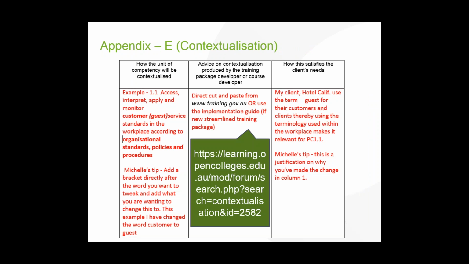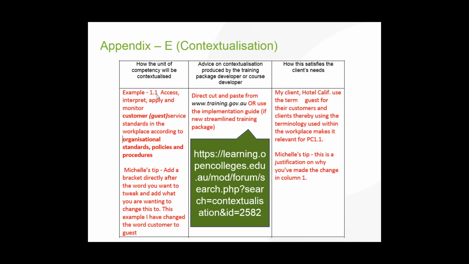Again, you need to select one unit of competency, which you have already selected for Appendix E, unpacking a unit of competency. It's a template having 3 columns. In the first column, you need to select one performance criterion from your unit of competency and contextualize it. Here is an example.